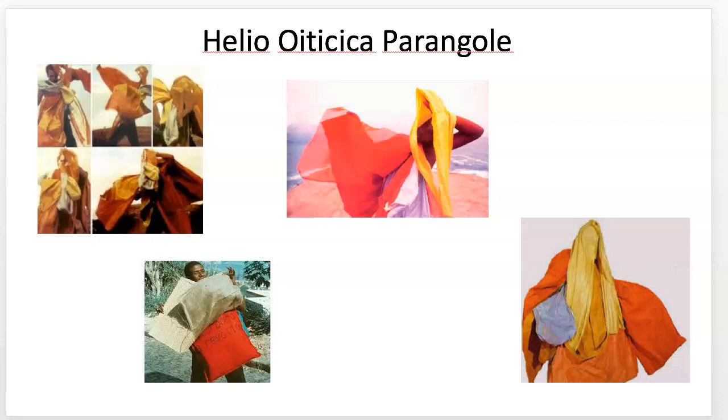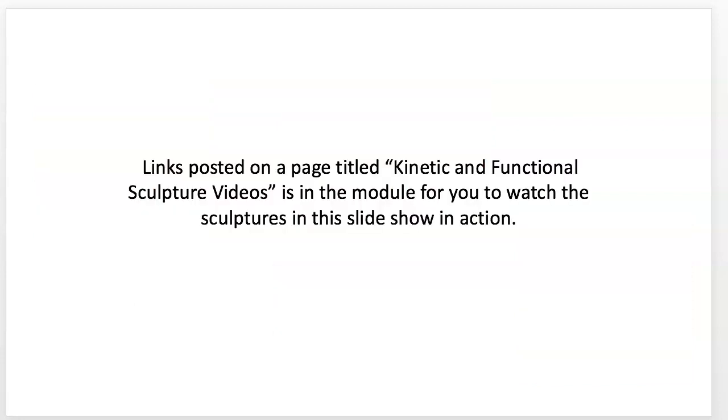A whole series of these Parangolés. He made a lot of other sculptural work, and he's a really interesting artist who started getting some more recognition recently. He's been around a long time, known about, but there were some shows in New York of his work fairly recently with Lygia Clark.